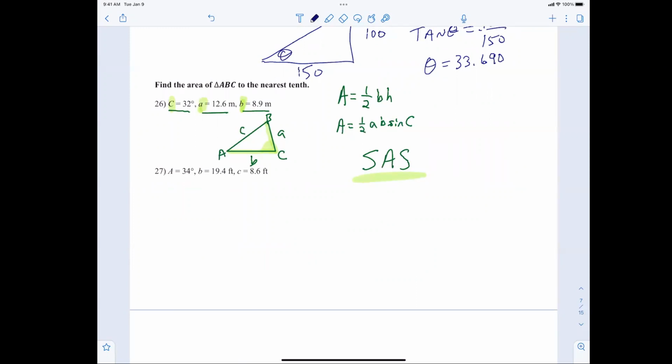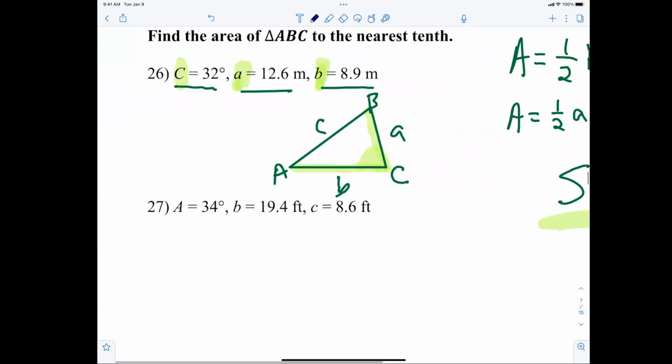All right, let's take a look at C, area, 1/2 AB sine C. So, number 26, area equals 1/2 times 12.6 times 8.9 times sine of 32. What is that?